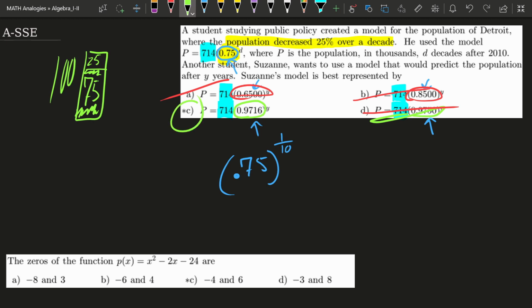Now for the bottom problem, the zeros of this function here, the easiest way for me is to simply factor it. So let's open up a couple sets of parentheses. Load the fronts with x's, because we're just going to have x squared. Now the minus means we're going to have opposite signs.